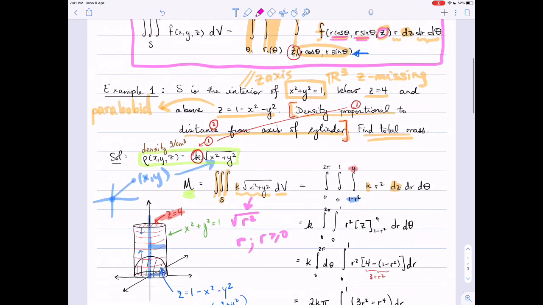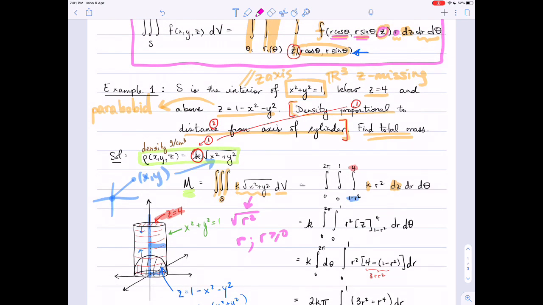And then we have times r dθ. We have an r from r dr dθ. We put those two r's together, multiply them, and we get r squared. So there is our inner integral.